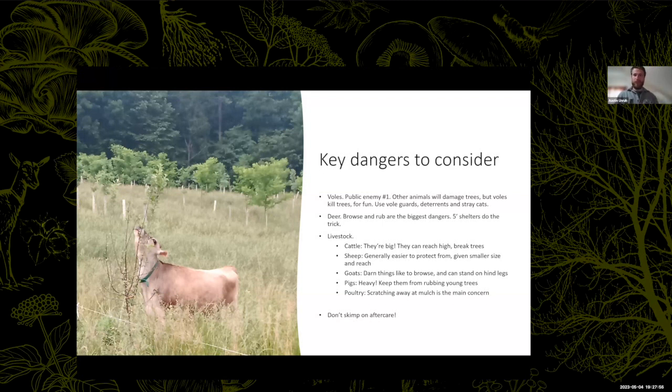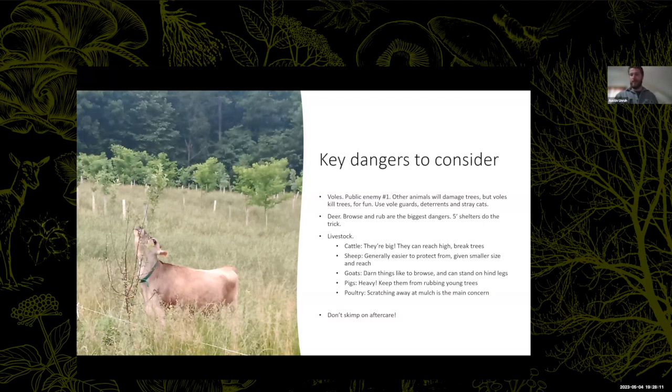Pastures make a really good habitat, and voles will kill trees more than anything else. Livestock and other animals will damage trees, but voles will kill them. So we use whatever we can to protect against voles.